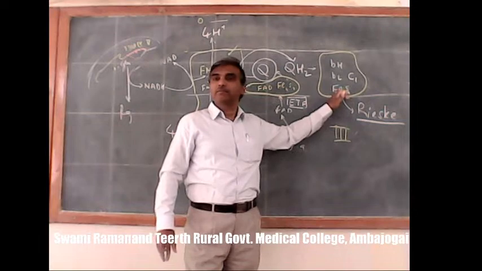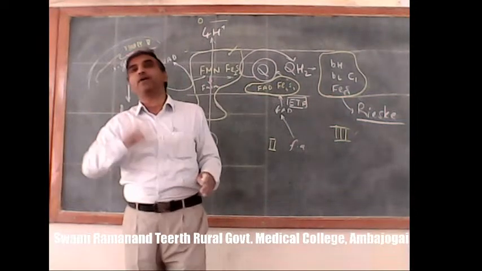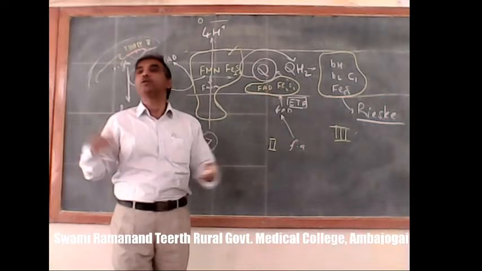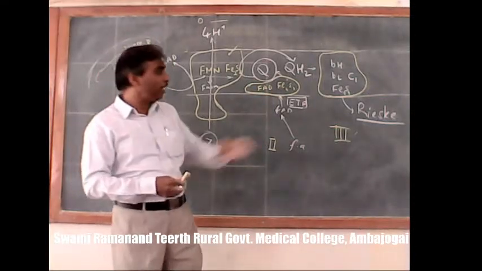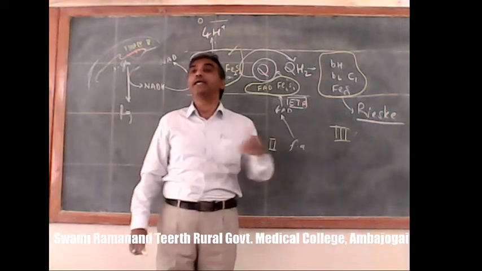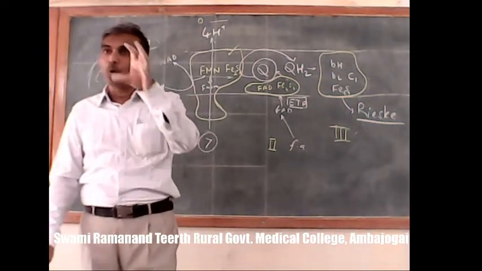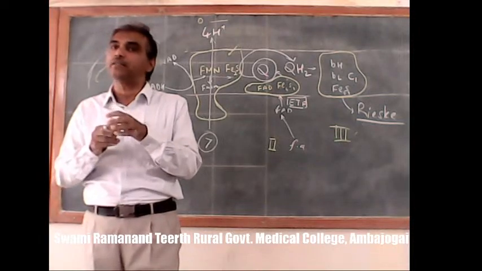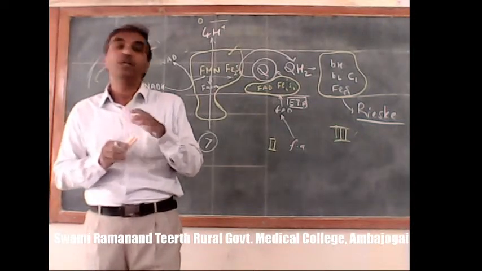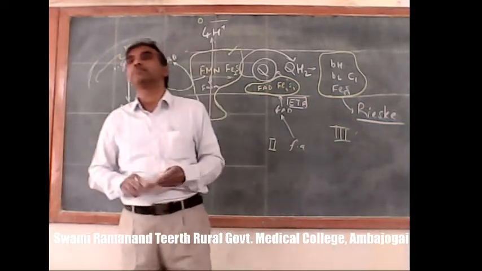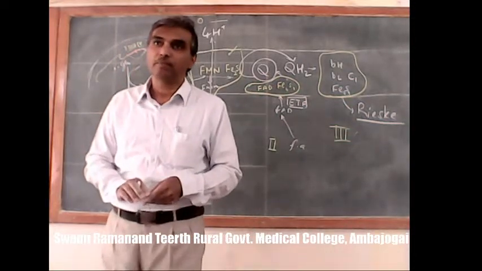The iron sulfur centers in complex 1 and complex 2 are linked to the protein through cysteine, but here it is linked through histidine. That's why it is named Rieske iron sulfur center.